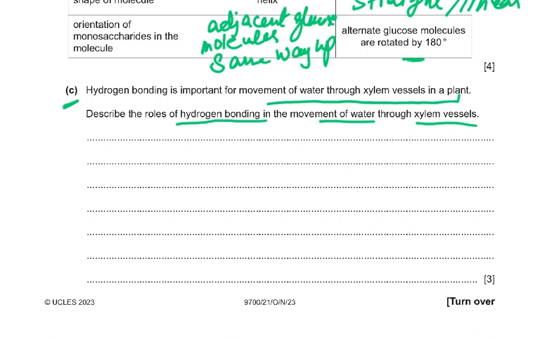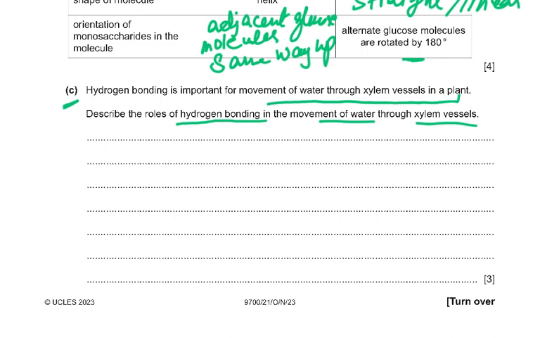It's just like mountain climbing, where you catch onto these rungs when we do these at adventure lands. You have these things sticking out and you catch onto them and climb up the wall. So hydrogen bonding gives cohesion between water molecules, and hydrogen bonding gives adhesion between water molecule and cellulose.